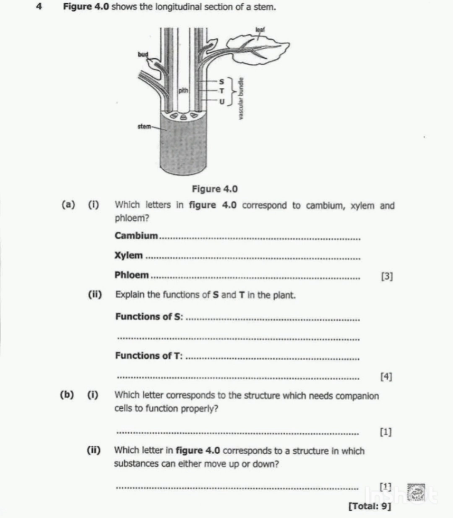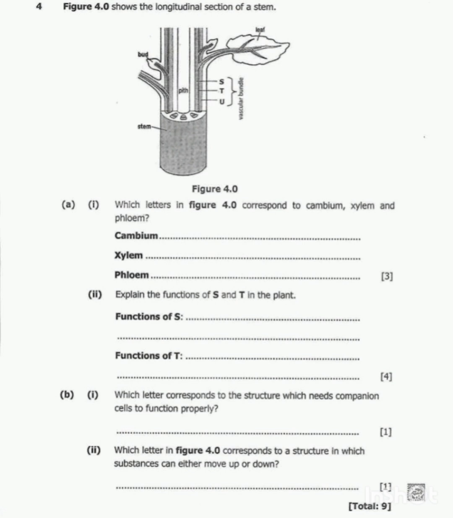It also provides mechanical support to a plant. So the xylem has two major functions. Number one, it conducts water and mineral salts from the roots in the soil to the upper parts of a plant. That's a function of S, which is xylem.